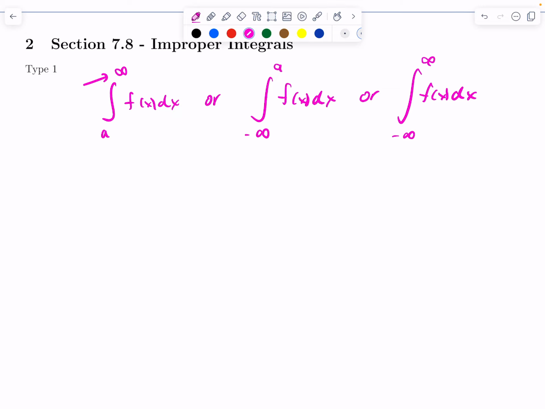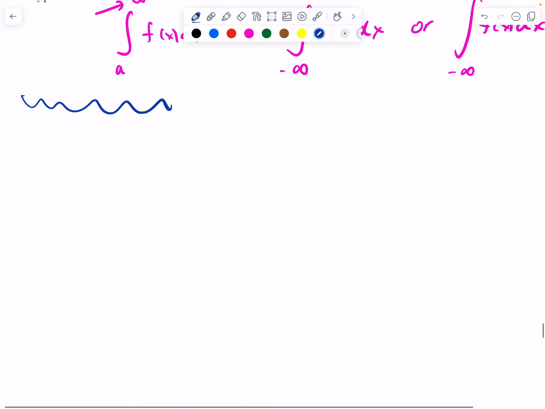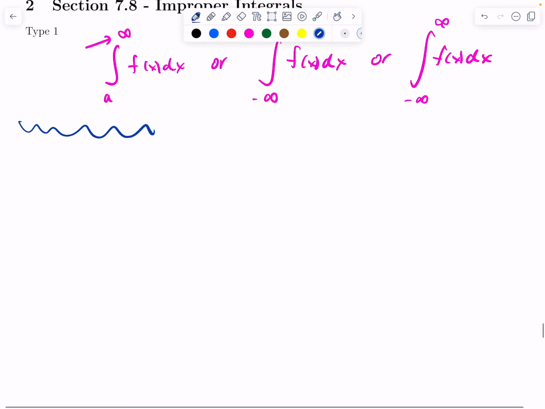We're going to treat this as a limit, and we're going to be able to decide if this evaluates to a number if that limit exists. So formally, let's include it here.